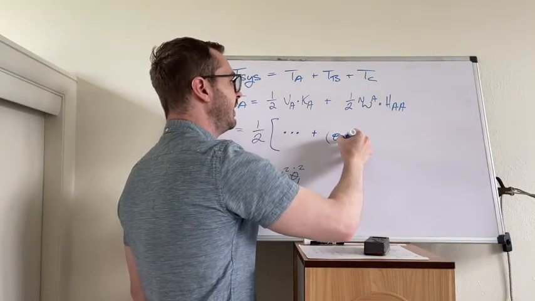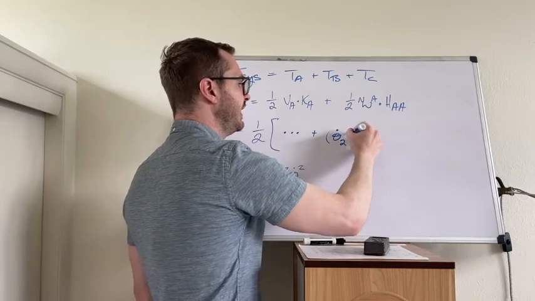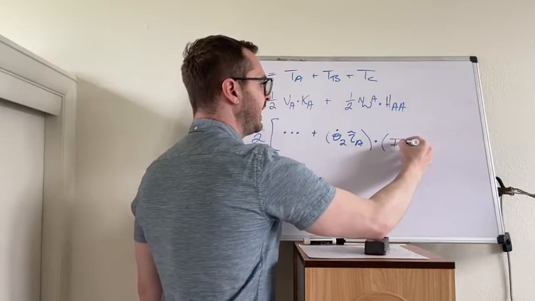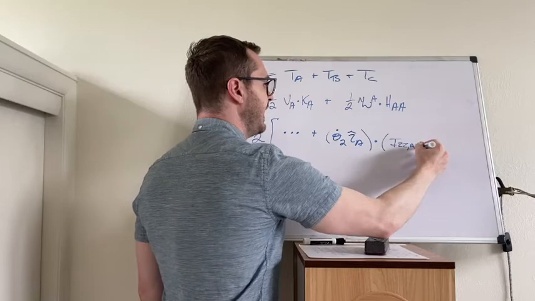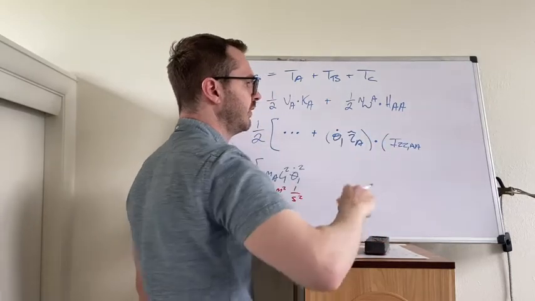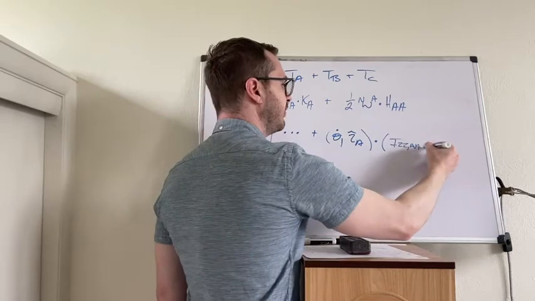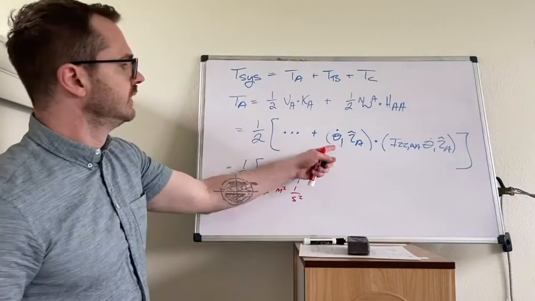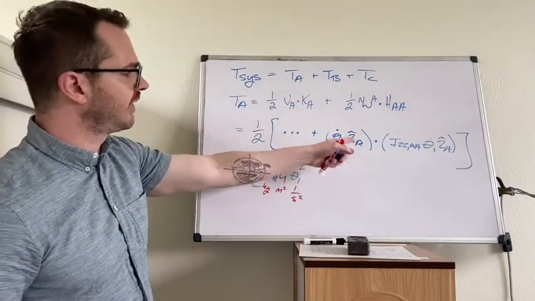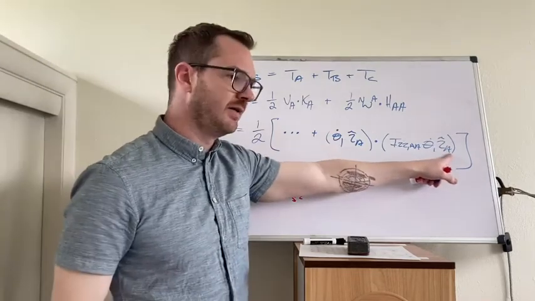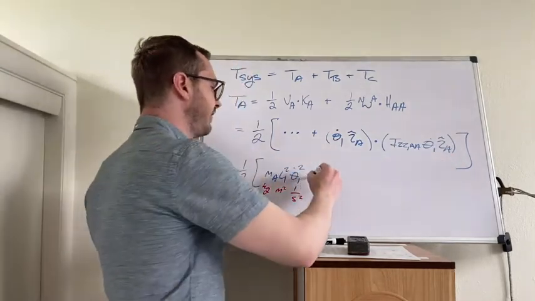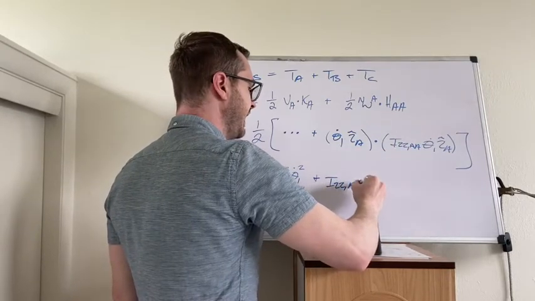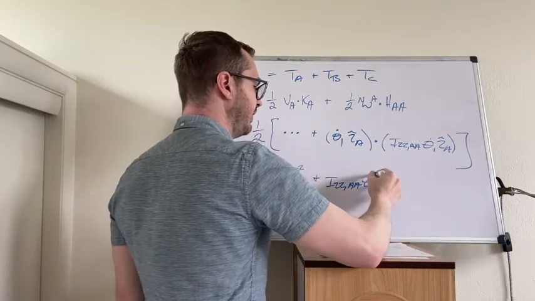This is theta 1 dot ZA, and then we're doing a dot product with, this was IZZ from AA, theta 1 dot ZA. So we have a ZA and a ZA term. These are going to turn into a scalar. We have the inertia term, IZZ AA, multiplied by theta 1 dot squared.